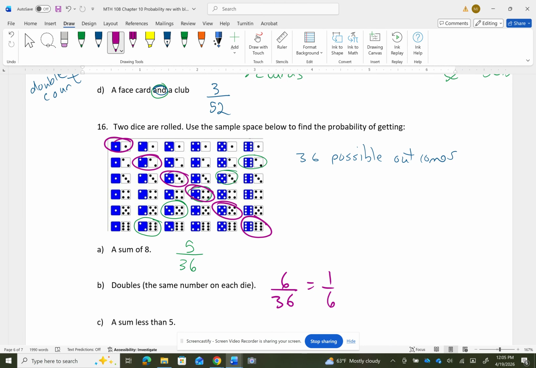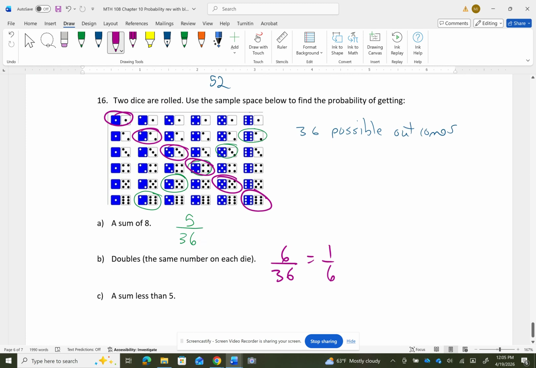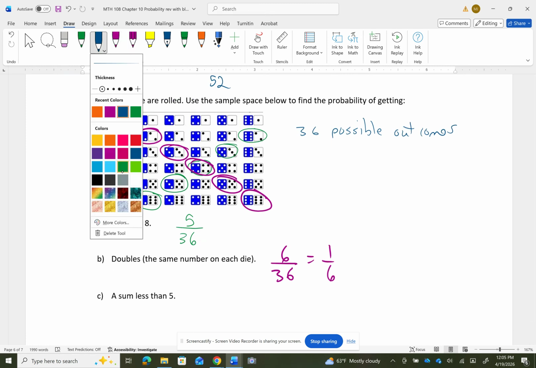All right, and then this question was asking, what's the probability that we'd wind up with a sum that is less than 5? Okay, so less than 5. Let me change colors on one of these. Let's change it to blue. Okay.